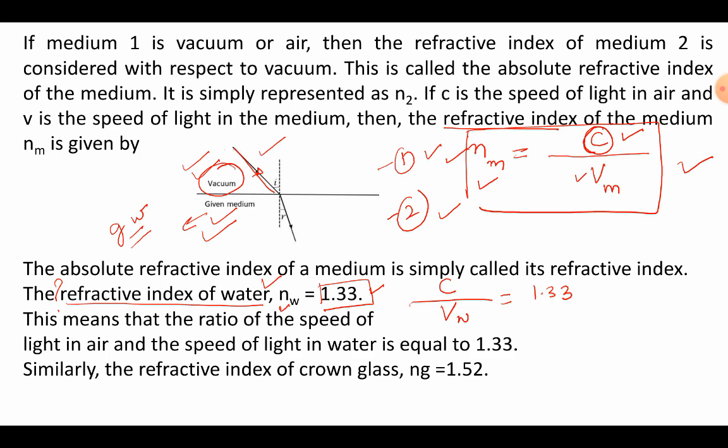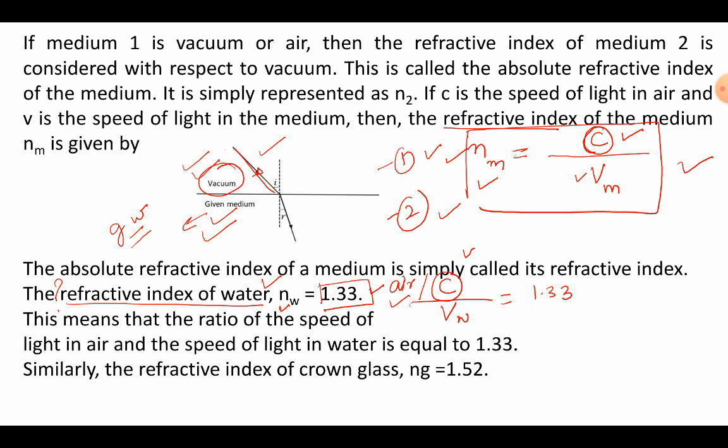Now, the medium need not be vacuum, it can be air also, because the speed of light is the highest in vacuum and it is marginally less in air. So instead of vacuum, even if it is air, that will be considered as absolute refractive index.